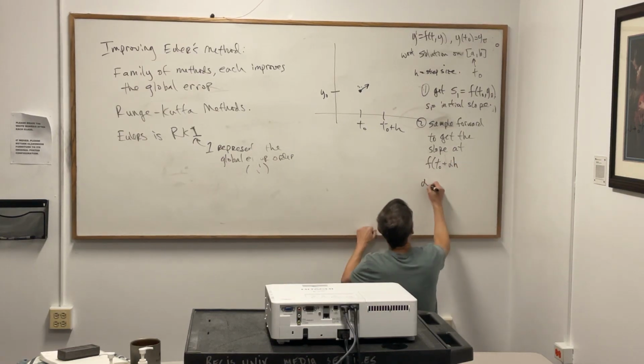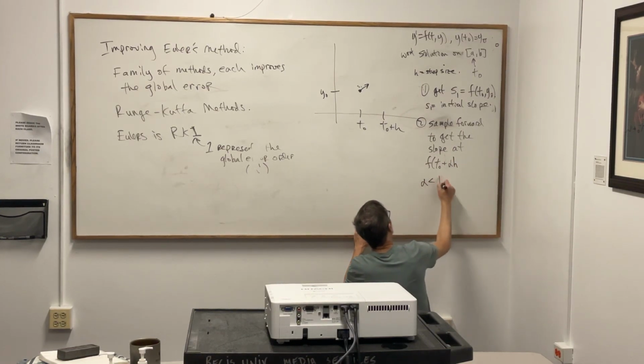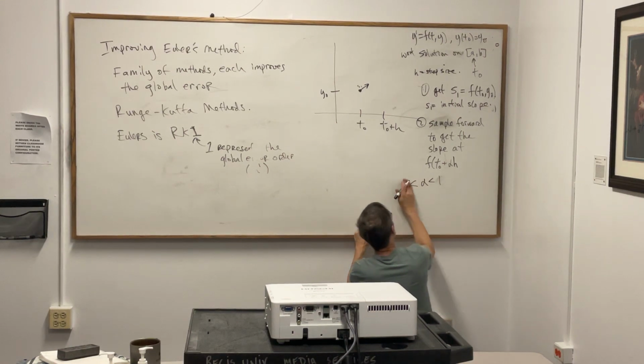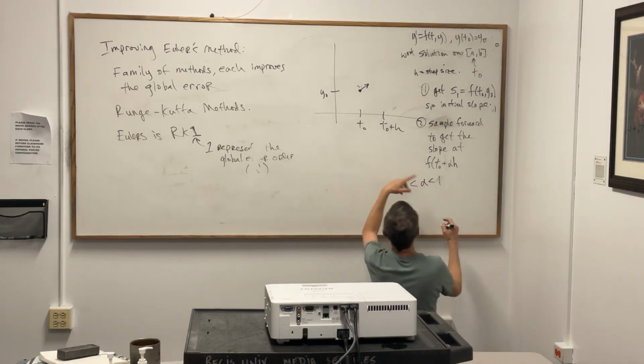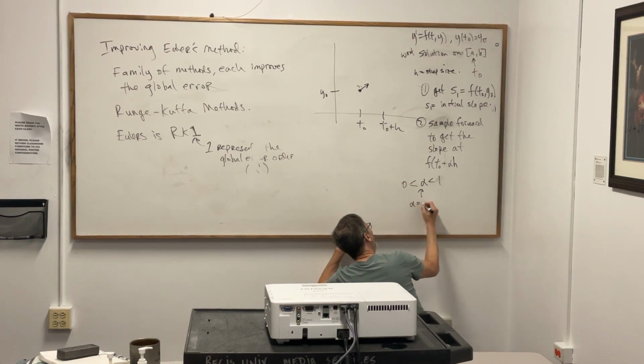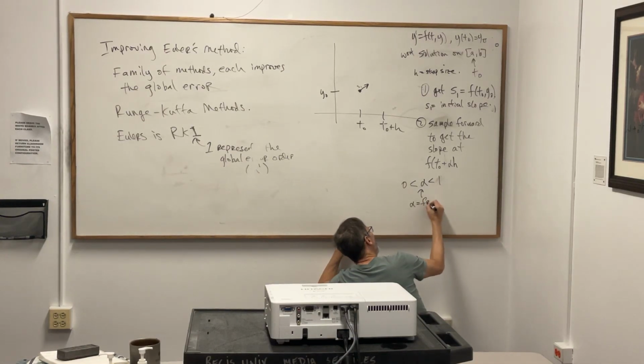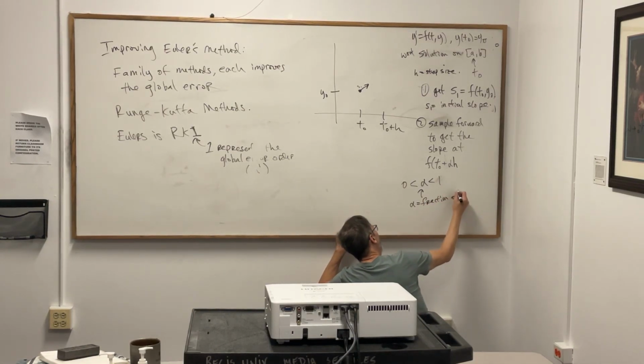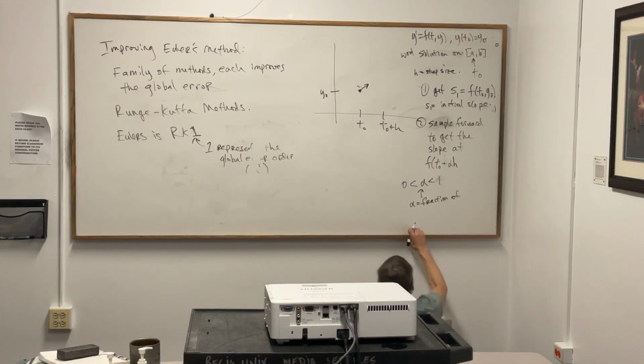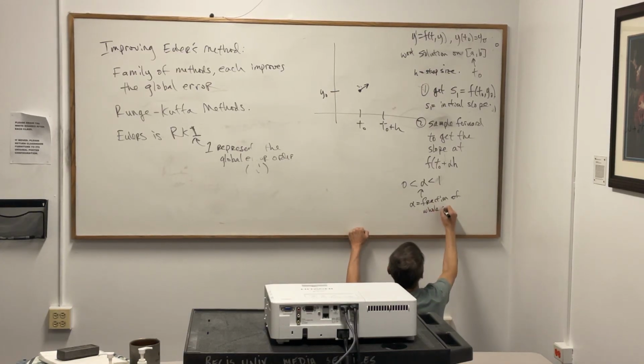So this alpha is going to be a number between 0 and 1. It's the percent of how far I want to reach forward. Alpha equals a fraction of the whole step we sample at.